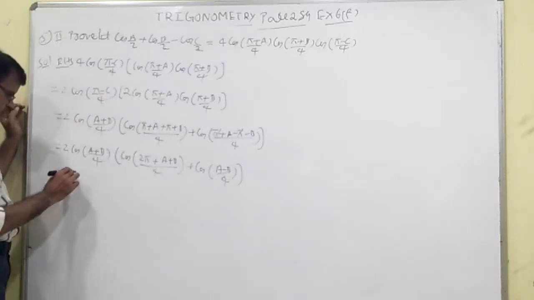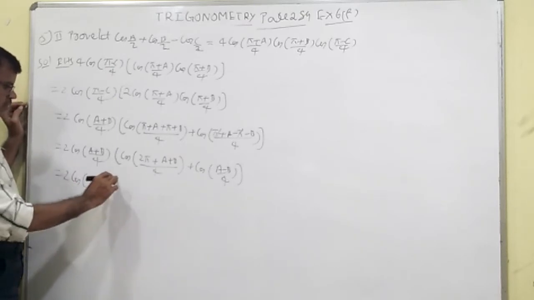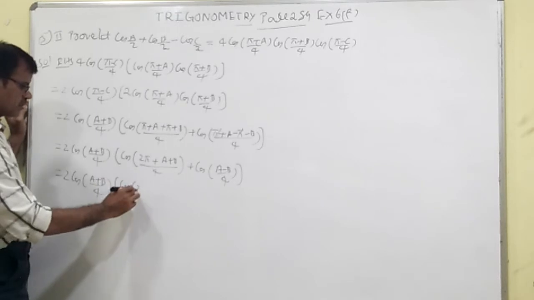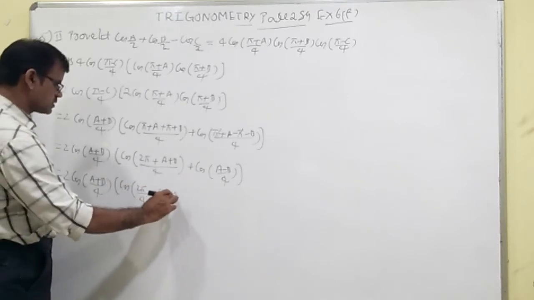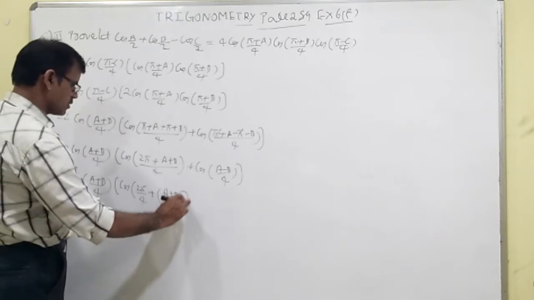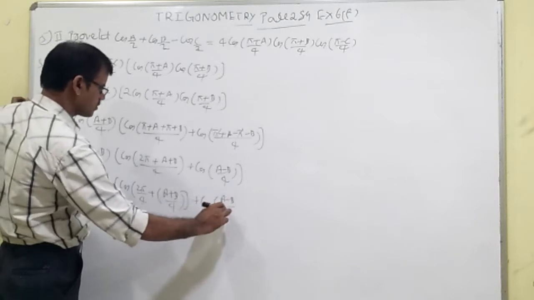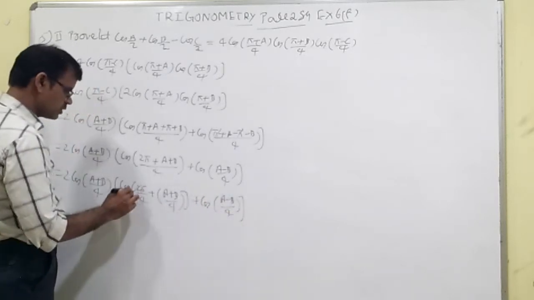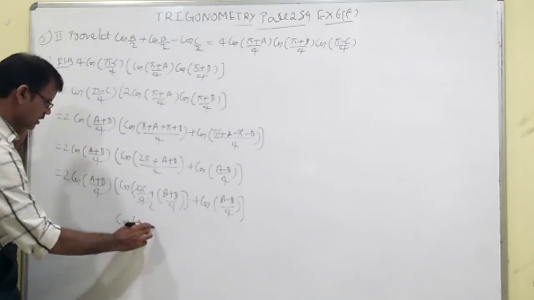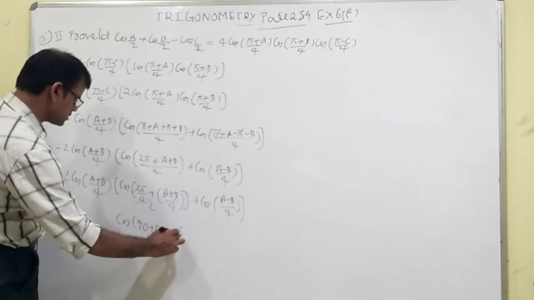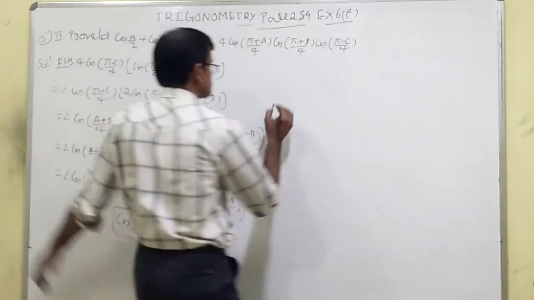That is equal to 2 cos of (a plus b) by 4 into cos of, separately this can be understood as, (2 pi by 4 plus (a plus b) by 4) plus cos of (a minus b) by 4. These two will be getting cancelled 2 times. Now apply the formula: cos (90 plus theta) is minus sin theta.